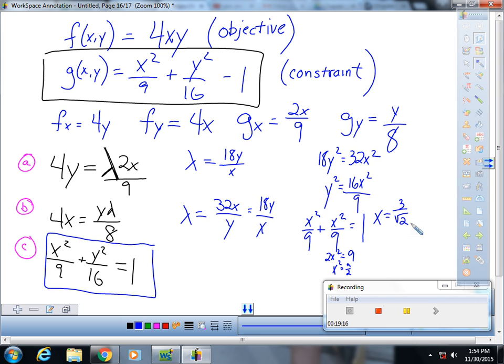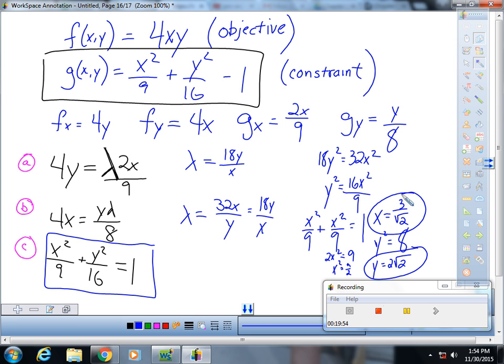I could solve for y by plugging it into this one, and you end up getting y squared equals 16 times 9 halves divided by 9. You get y squared equals 8, and y equals 2 radical 2.